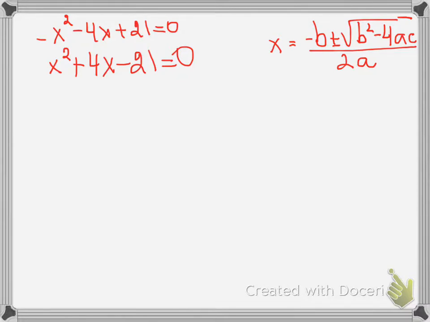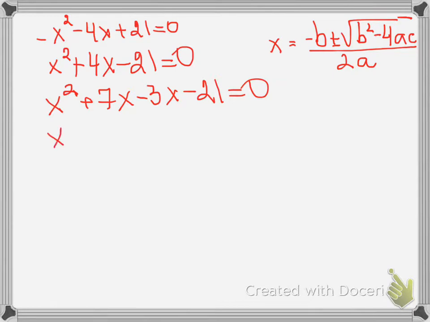Let's see. If we did x squared plus 7x minus 3x minus 21 is equal to 0. Oh, guess what? It looks like we can factor it.